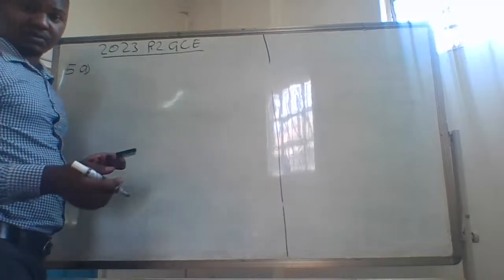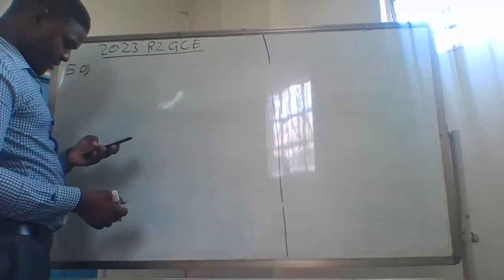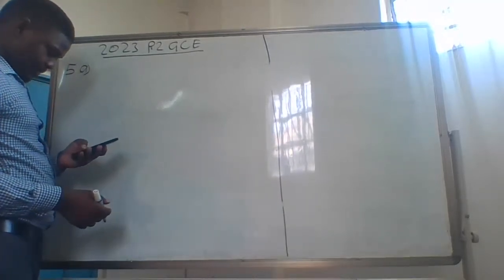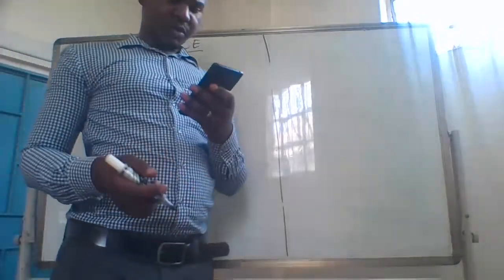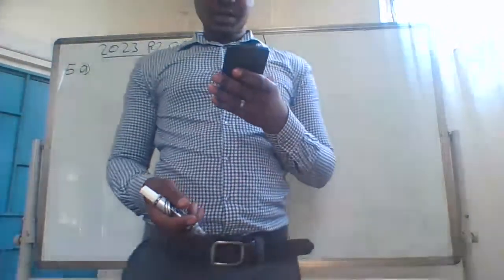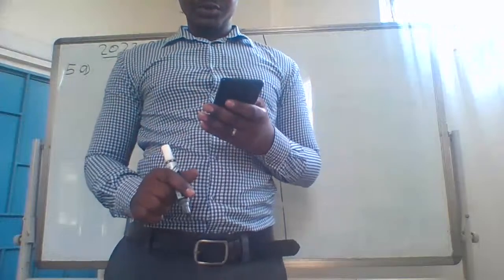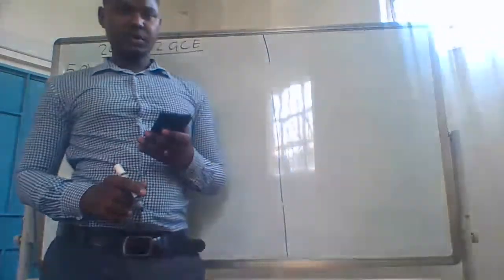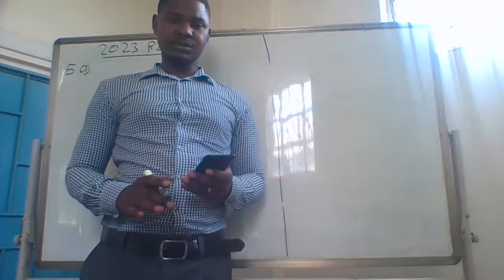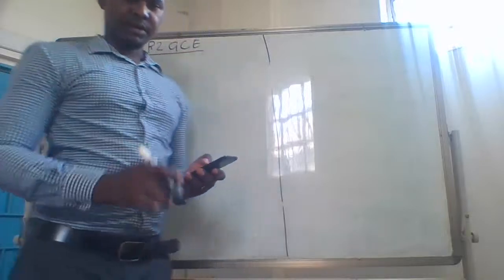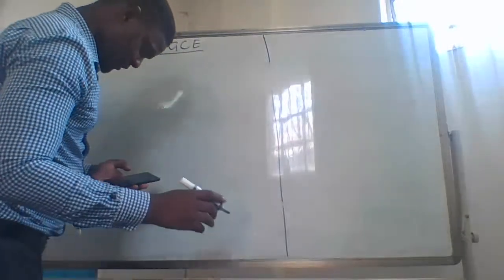Okay, and what we have here, this is what we have. I'll read the question. The program below is given in the form of a pseudocode. All right, and here is the pseudocode, I mean.